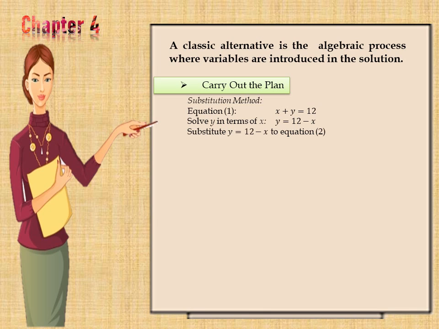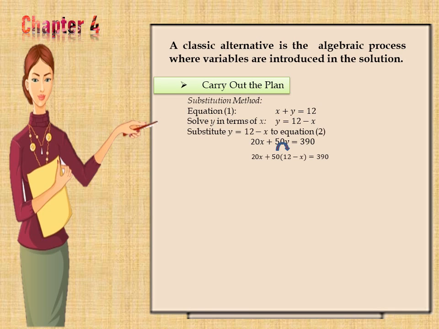Next, we're going to substitute y equals 12 minus x into equation 2. Since equation 2 is 20x plus 50y equals 390, we substitute y equals 12 minus x. So we can have 20x plus 50 times the quantity 12 minus x equals 390.